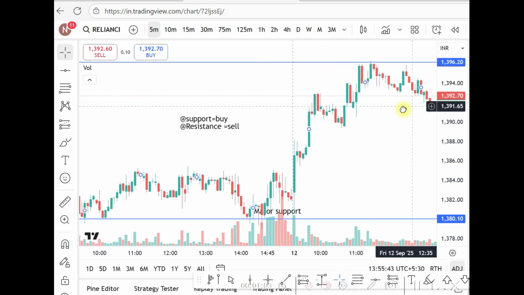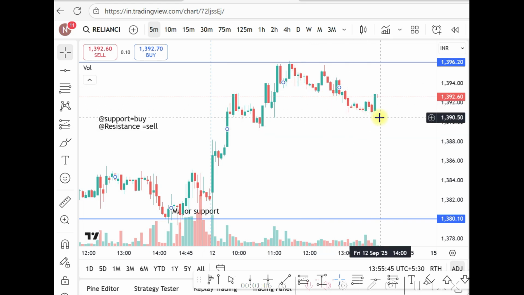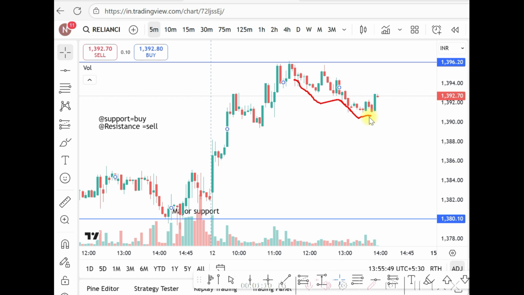See, the price has moved down here. Always sell at the resistance. This is one point, this is one point, and this is one point. So we are connecting these points and making a resistance, right?